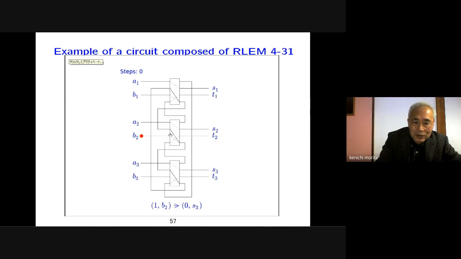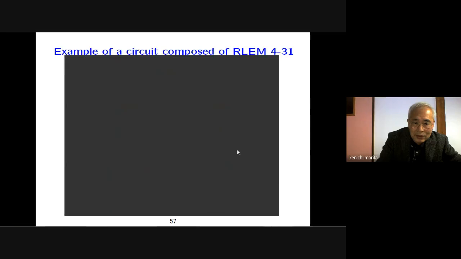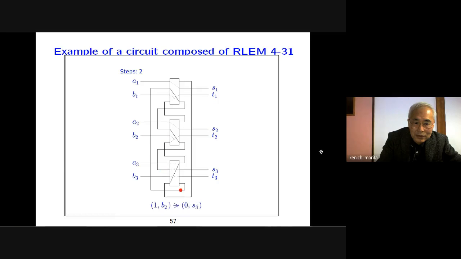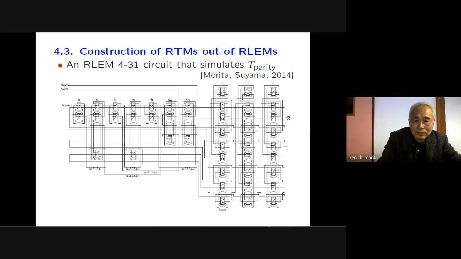But with a solid line, the state changes like this. By using such a circuit composed of RLEM 431, we can construct any reversible Turing machine.